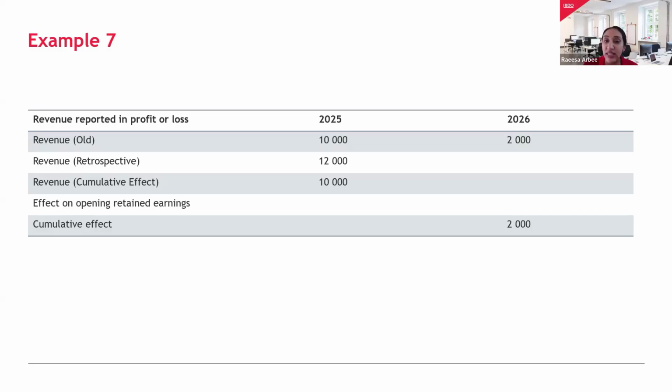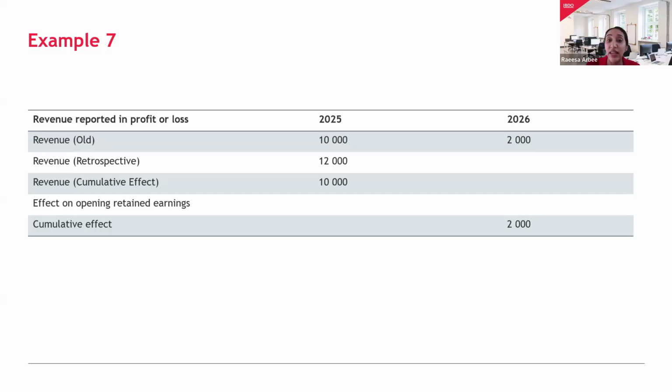So they would restate their 2025 comparatives. If instead they decided to go with the cumulative effect method, they wouldn't restate 2025, so they'd remain with their 10,000 currency units of revenue in 2025. And they would have an opening retained earnings adjustment of 2,000 to get their revenue up to 12.